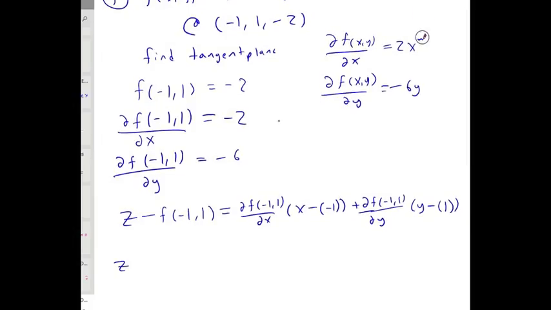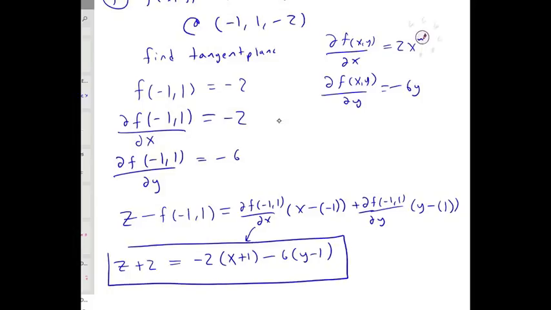So f of -1, 1 is -2, so minus -2 is plus 2. The x derivative is -2, times x plus 1, and plus the y derivative, which is -6, so it's actually going to be minus 6 times y minus 1. And that's our tangent plane.